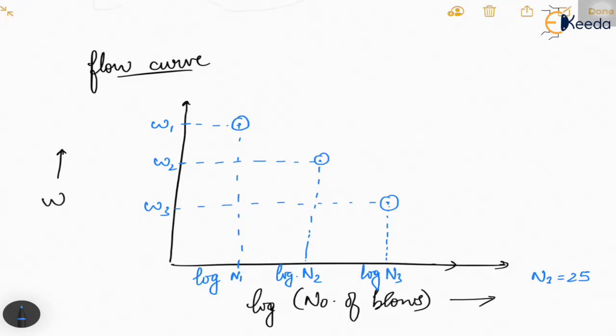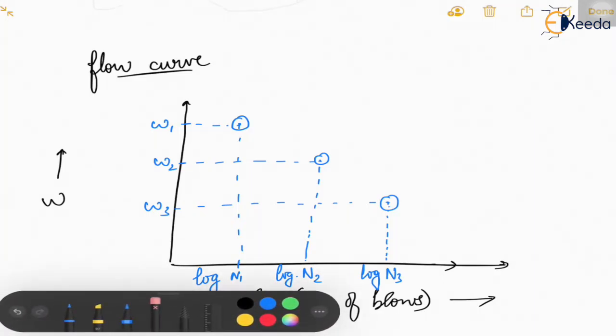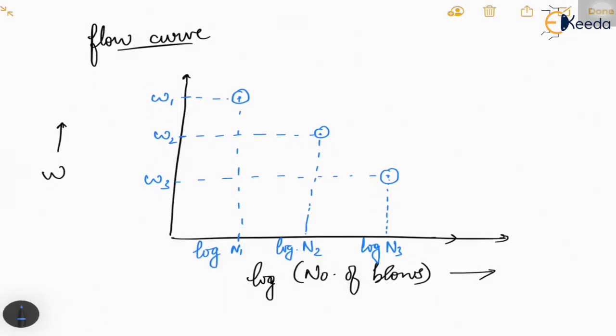I will show you why this curve has a different kind of importance. So for now, let us remove this assumption that N3 came out to be 25. Let us increase the water content even further, this time say W4, and correspondingly a point is obtained with the n value of N4.